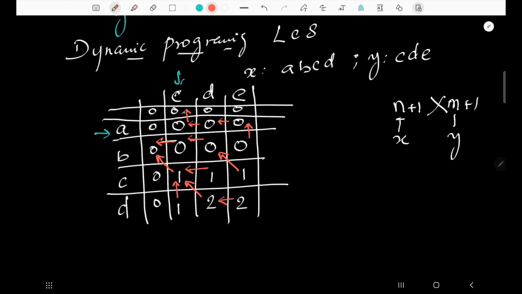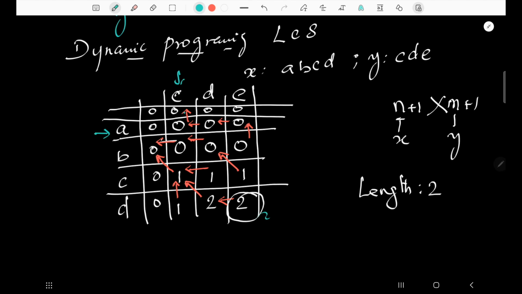Once you finish this, the length of the longest subsequence is 2. Which terms are there? To find that, we need to go like this.